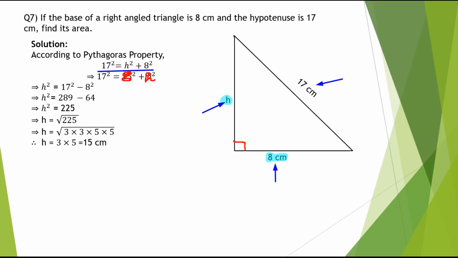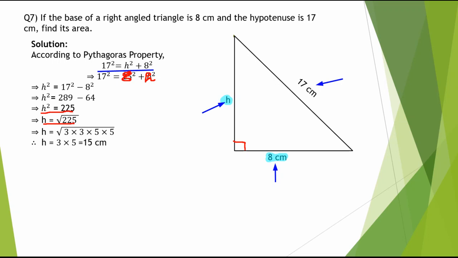So we calculate this. We get h square equal to 225, and hence h is under root 225, and you know how to find the square root. So we will factorize it and we get h as 15 centimeter. So we got the missing height.